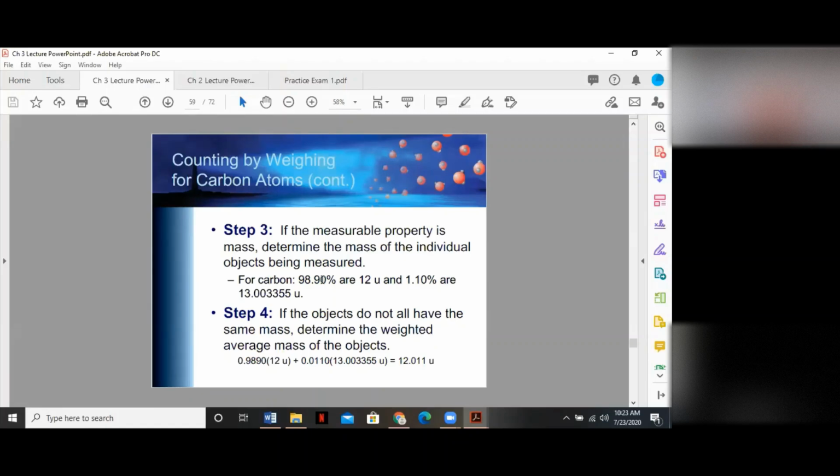Then what? You multiply each fraction by the atomic mass of that isotope. Then you add them up at the end, and that outcome is the average atomic mass of the element that you see in the periodic table.